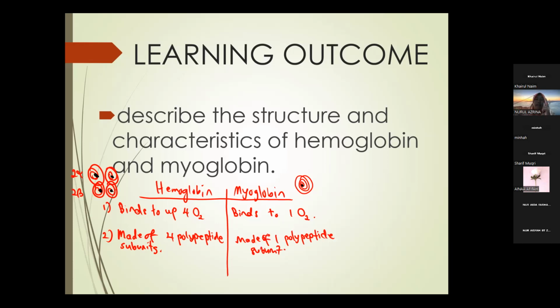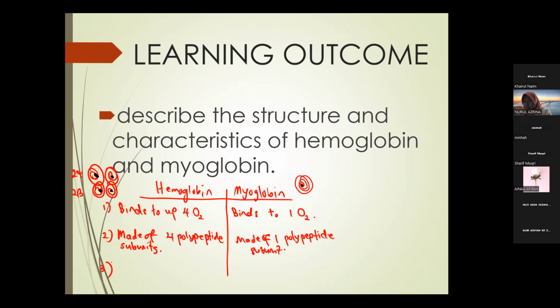Okay, right. So that was 2. Next, number 3. What else can you compare between hemoglobin and myoglobin? Where does hemoglobin store the oxygen? Lungs? Not quite right. Muscle?